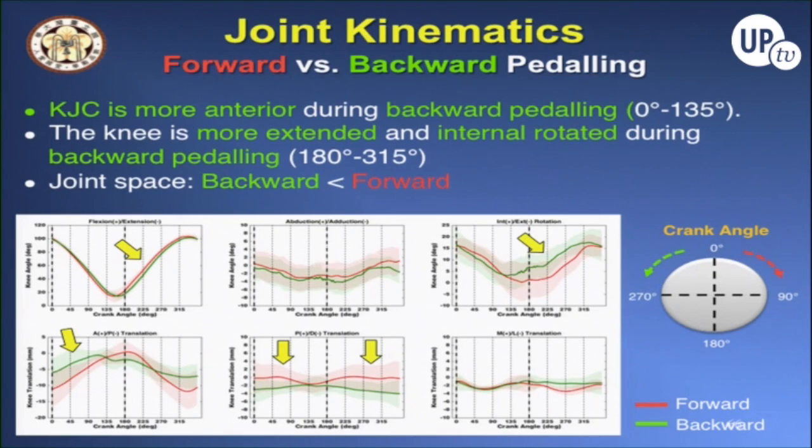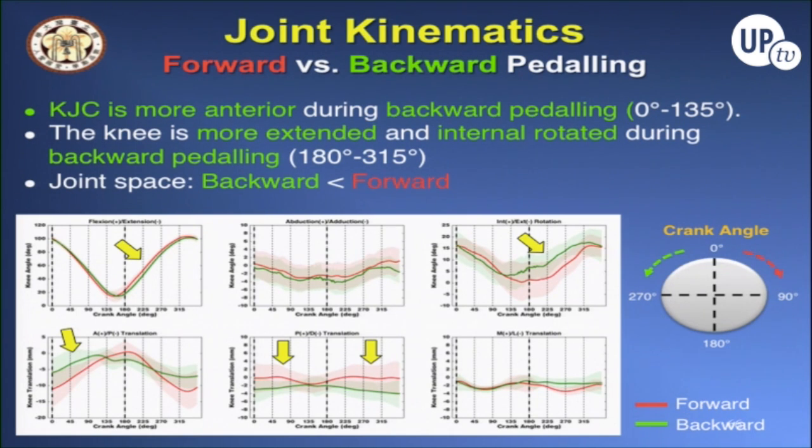I don't expect you to resolve all this. But the summary is that the knee joint center is more anterior during backward pedaling when you compare to forward. And the knee is more extended and internally rotated during backward pedaling. And the joint space, which indicates the contact force, is smaller in backward pedaling than forward.